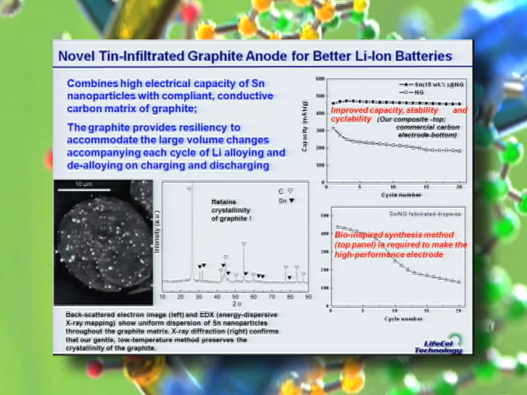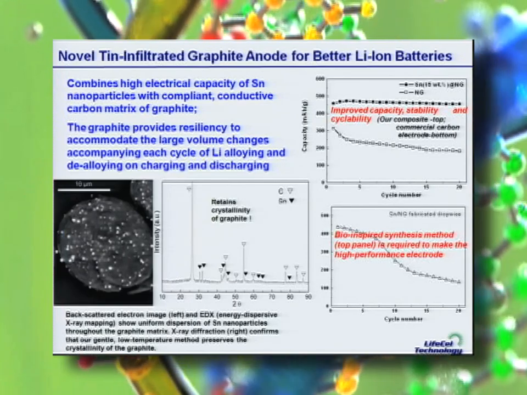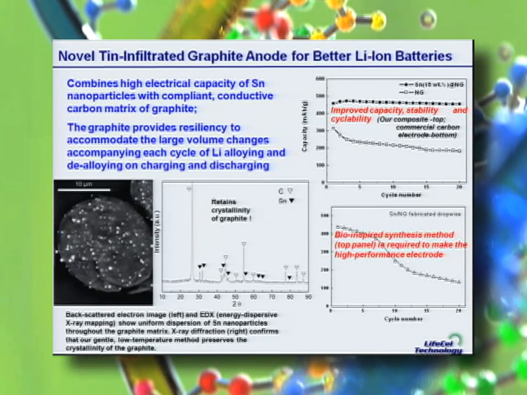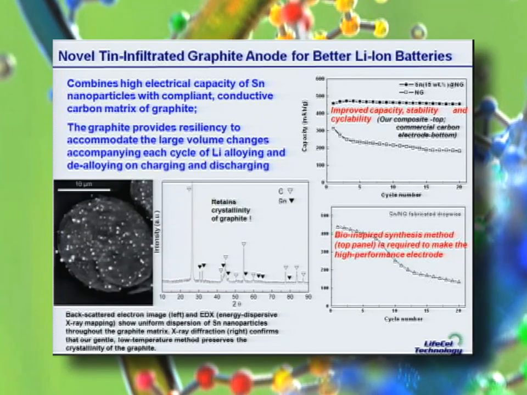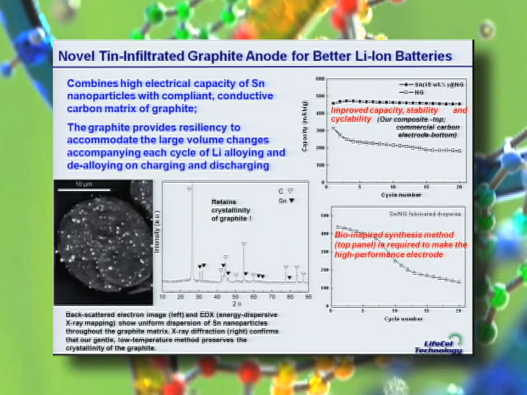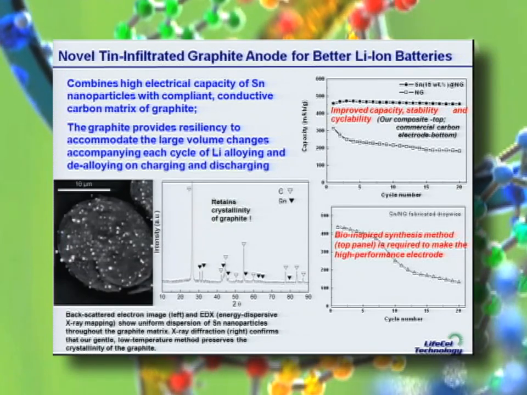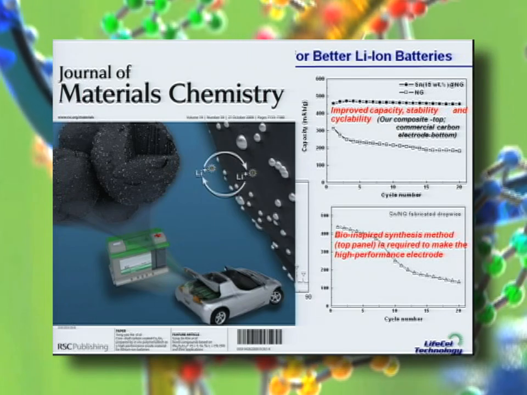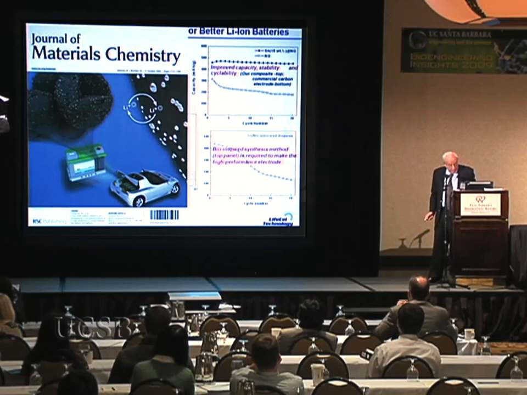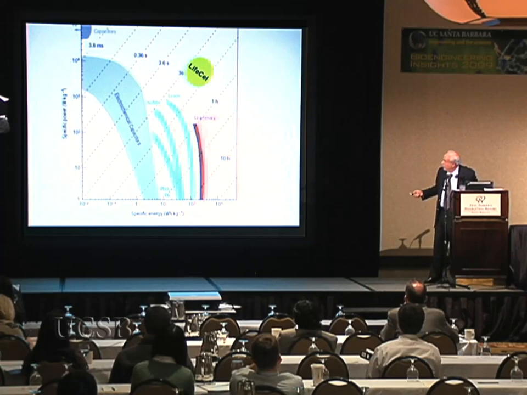You produce tin nanoparticles on the outside, and you get the initial high capacity, but because the particles are only formed on the outside of the graphite, they eventually swell and shrink and disintegrate and fall off of the graphite. We're very excited, it's going to appear soon in the Journal of Materials Chemistry, and we're developing this with a new small company, LifeCell.